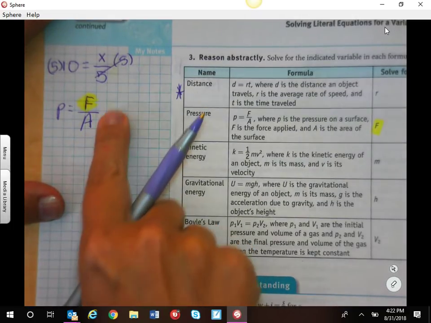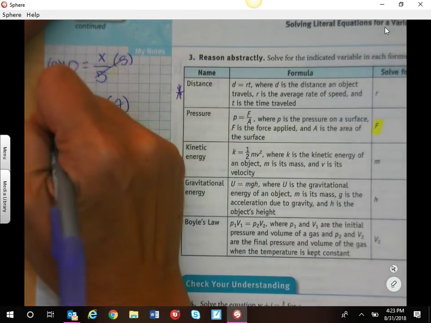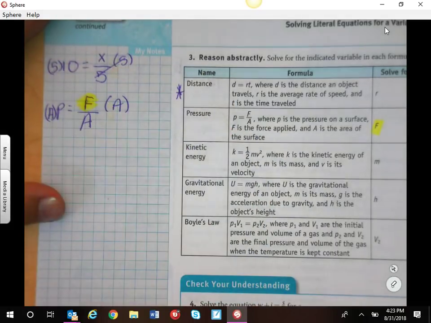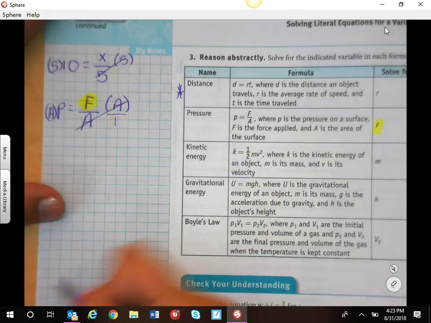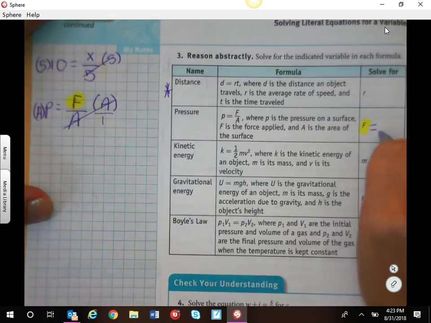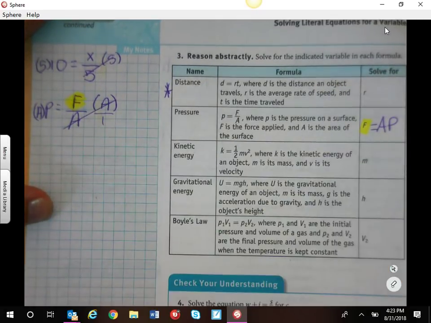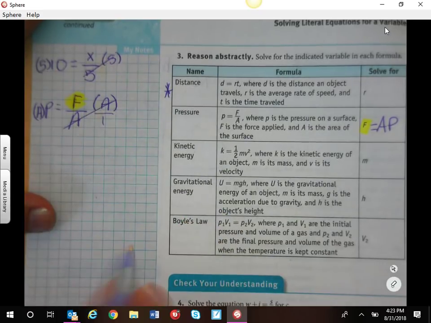We're dividing by a, so we need to multiply both sides by a. You can put a 1 here if you wanted. So F is equal to a times p. So sometimes if you feel like you can plug in some numbers and kind of visually see what's happening there, then by all means do that.